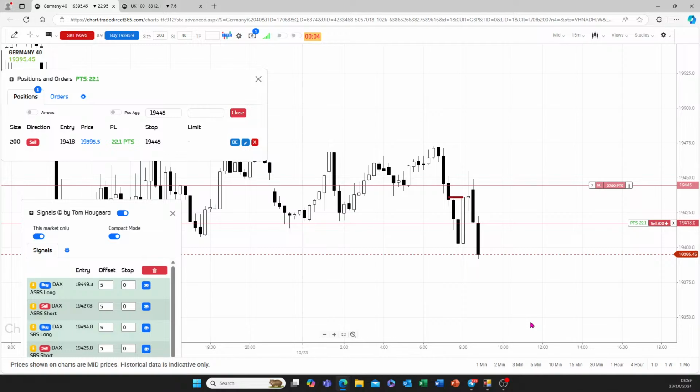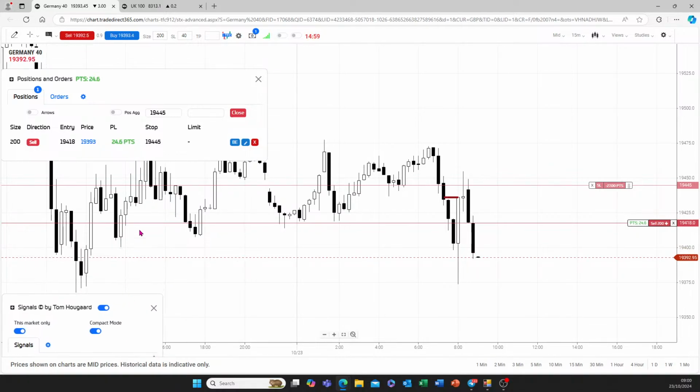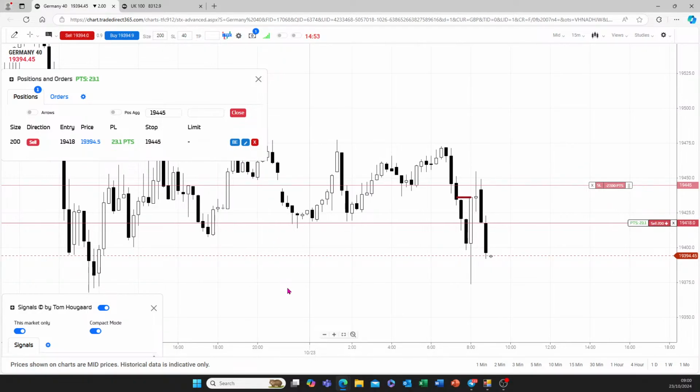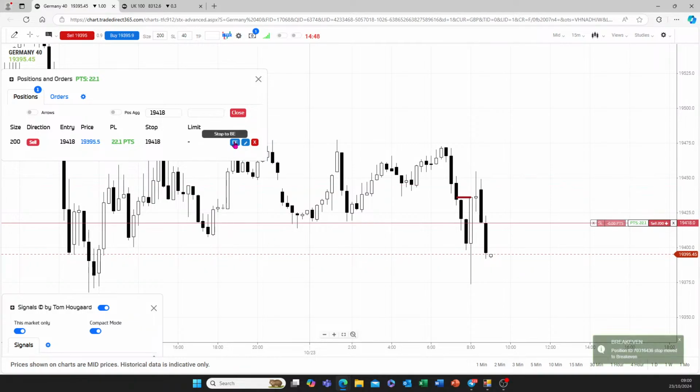I guess at the end of the day, what matters is that you're making a little bit more when you're winning than when you're losing. Probably move that stop loss to break even. I've clicked on stop loss to break even.